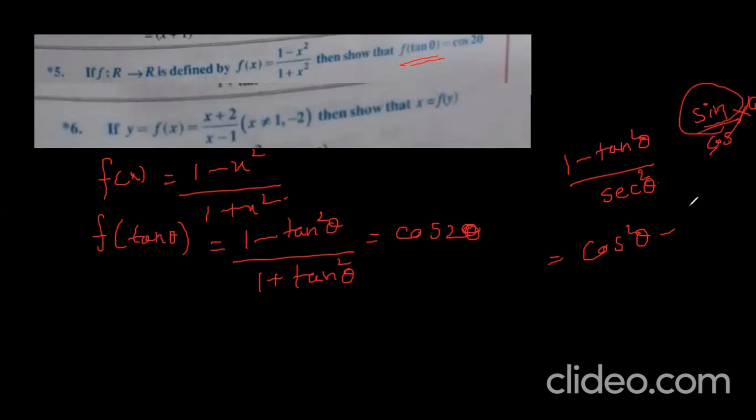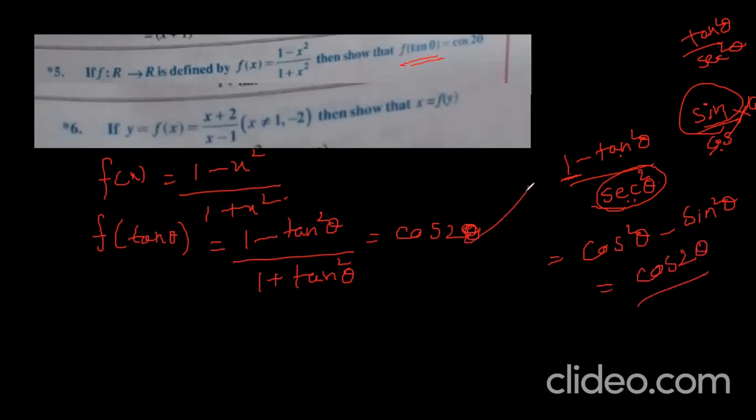Cos cancel, sin square theta. I am separating the denominator to both numerators. So tan square theta by sec square theta. This can be written as sin square by cos square theta, by sec square theta, which means it is going to be into cos square theta. Cos square theta minus sin square theta is cos 2 theta. So like this we can easily calculate.